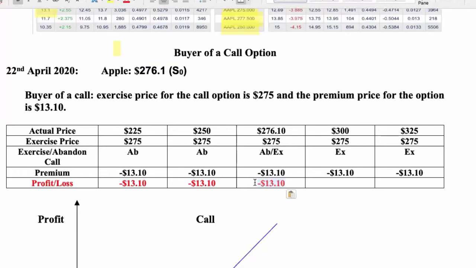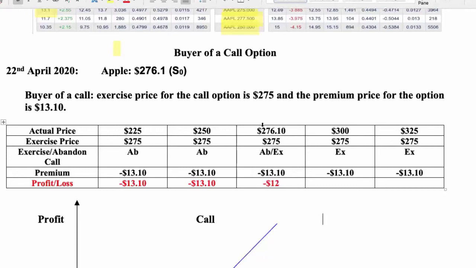You can have your 13.10 loss if you decided to abandon, or you could have your $1.10 gain taken off your premium, which will give you a loss of $12. So I'm going to put in the $12 because I still want that $1.10. It's still money, and I don't want the writer to have it. Okay, so always take whatever is yours out of the market.